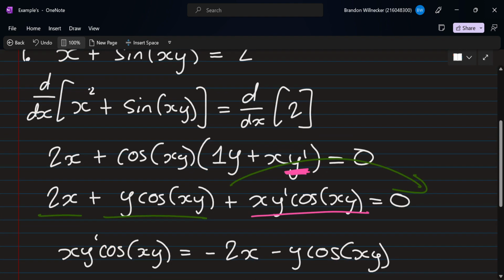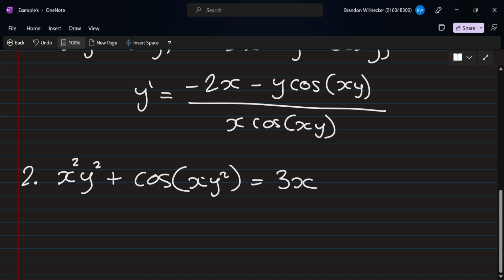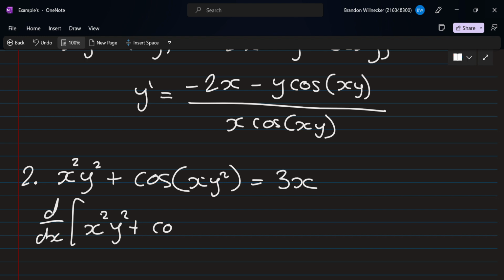So fairly similar to what we had before, maybe a little bit more complicated. But always the same first step, take the derivative on both sides. So we have d by dx, everything on the one side, and then d by dx, everything on the other side.